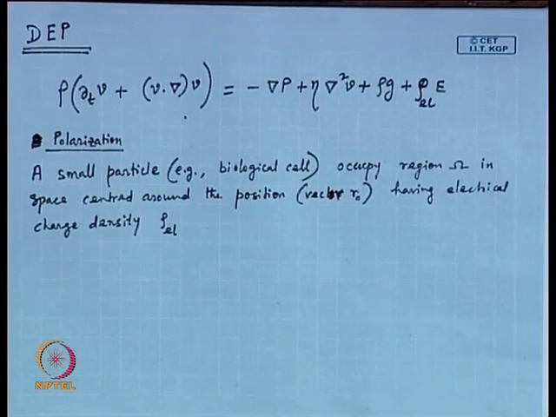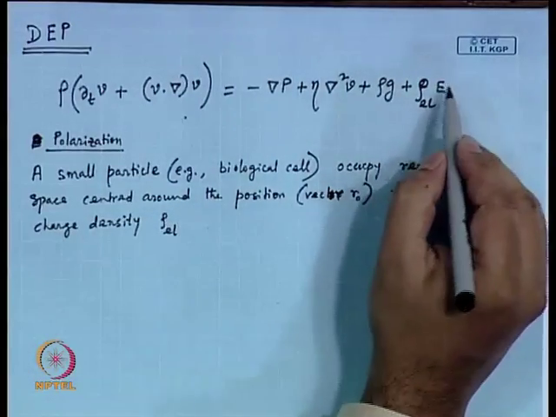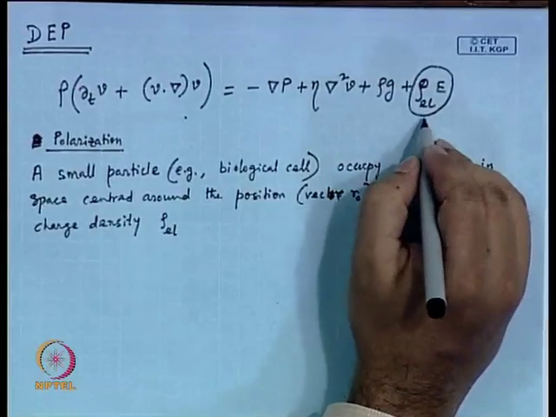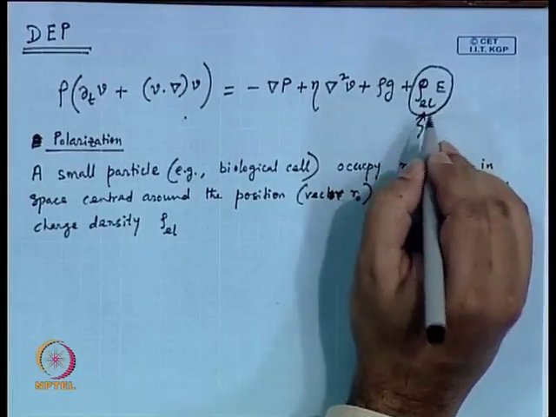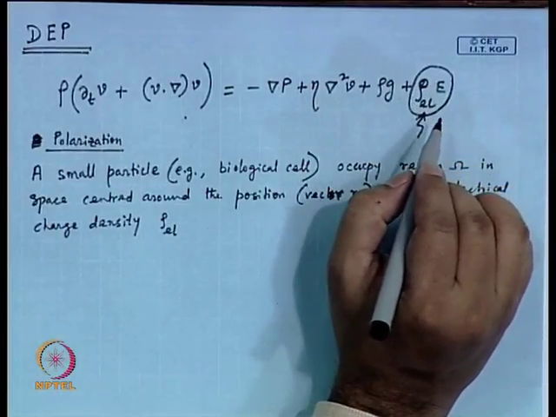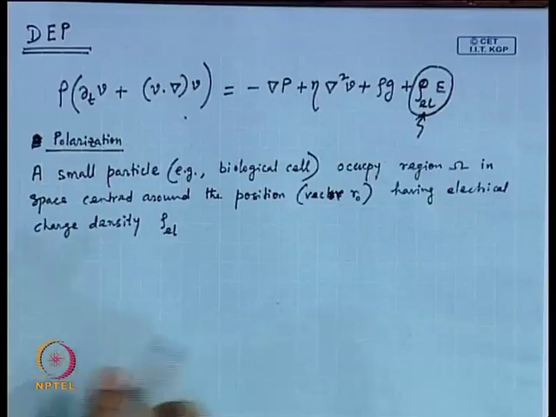Okay. So, in that case you have this as the body force term you have considered before, where rho EL and electric field E, their product, is acting as a body force term in the Navier-Stokes equation.